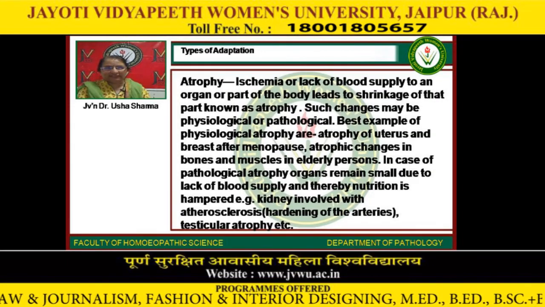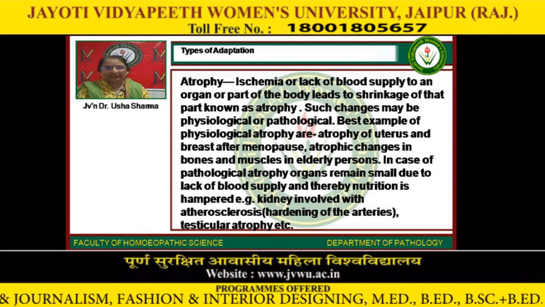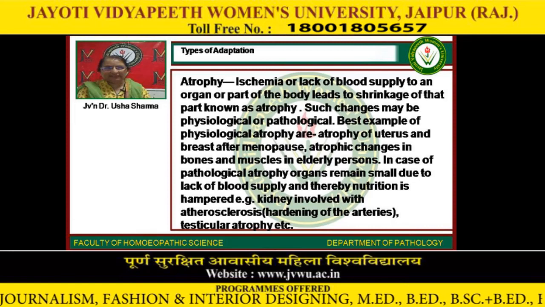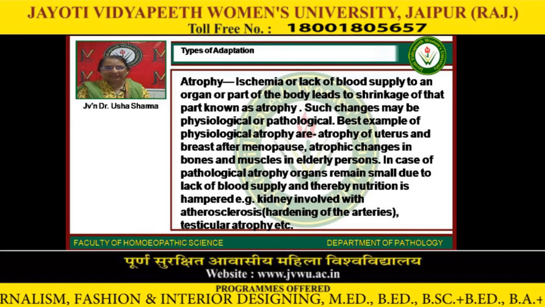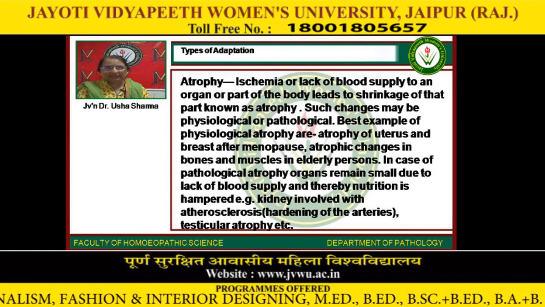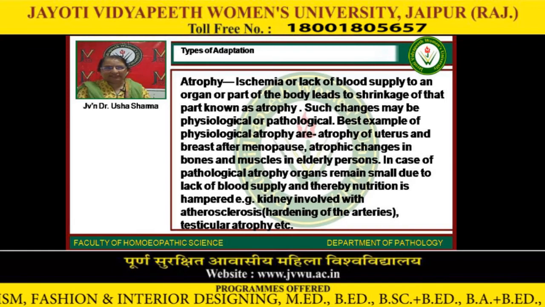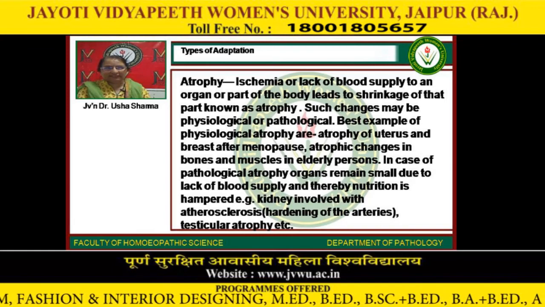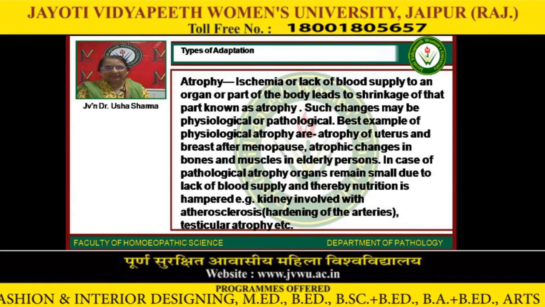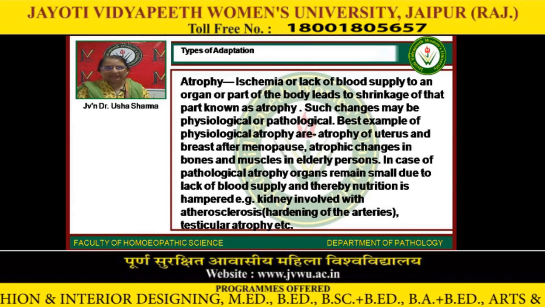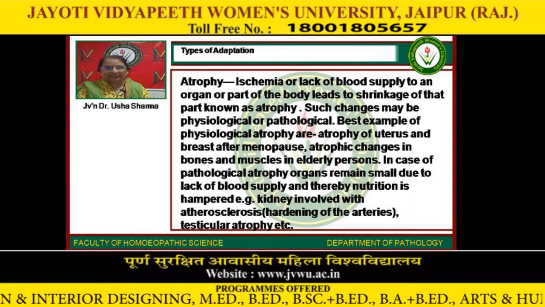If we describe them, atrophy: ischemia or lack of blood supply to an organ or part of the body leads to shrinkage of that part, known as atrophy, and such changes may be physiological or pathological. Best examples of physiological atrophy are atrophy of the uterus and breast after menopause, and atrophic changes in the bones and muscles in elderly persons.